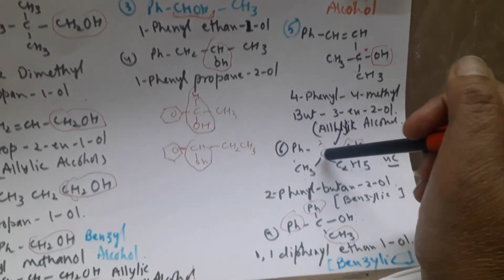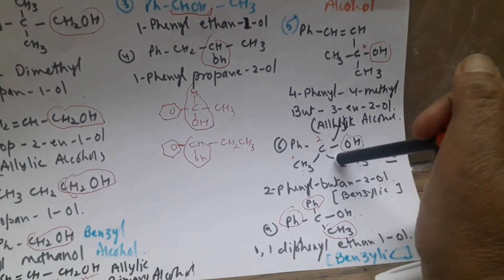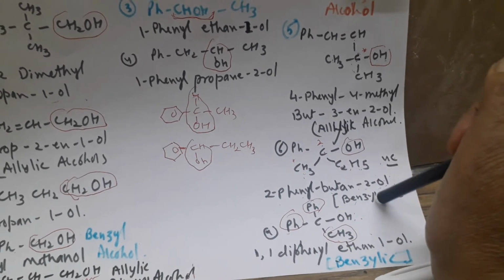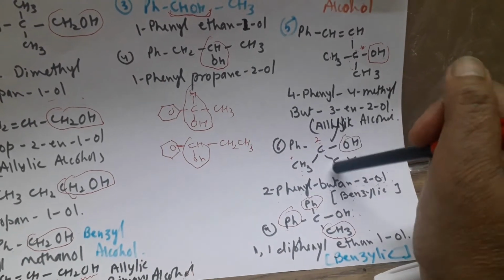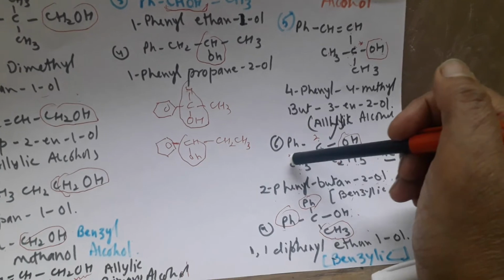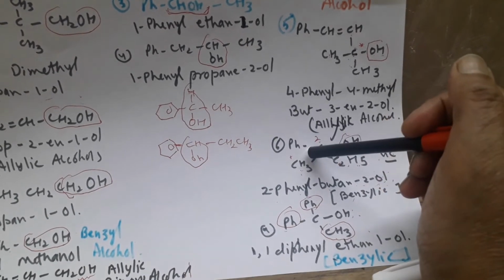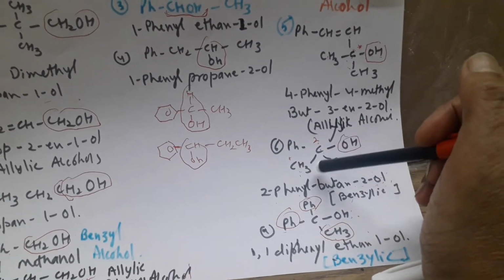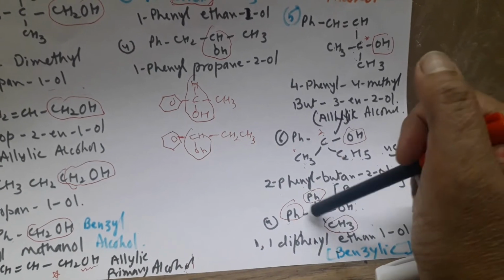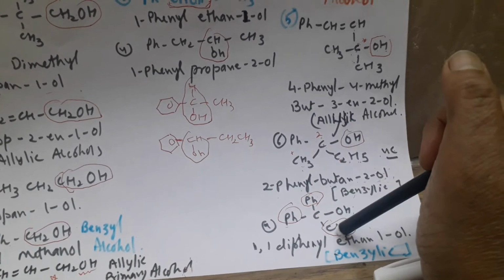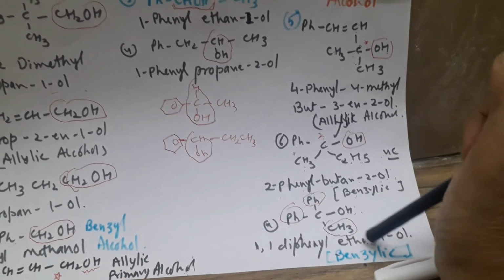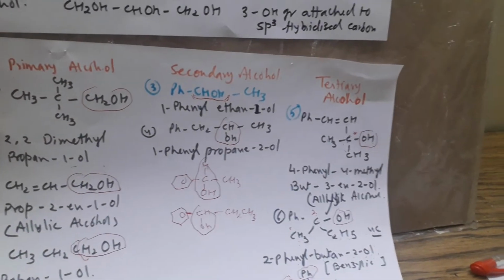This is carbons 1, 2 and 3, 4, so it is butan-2-ol, and we have to say on which carbon the phenyl group is: the second carbon. So it is 2-phenylbutan-2-ol. Like this, if it is 1, 2, that is 1,1-diphenylethan-1-ol. Try to do yourself also.